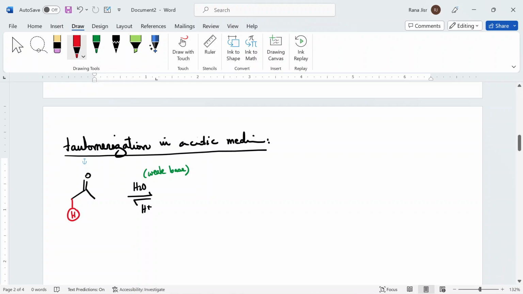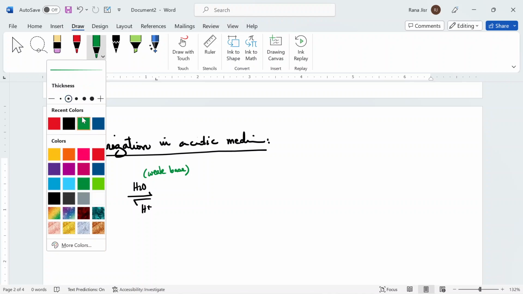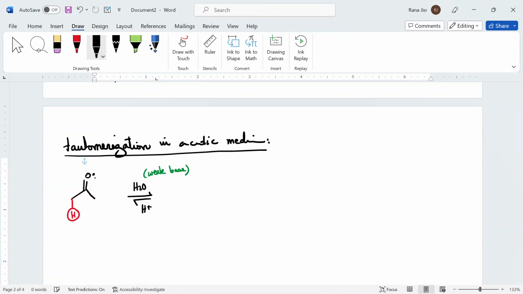Because water is a very, very weak base, it's not going to come and take that alpha hydrogen right away. The first step, as usual for the acidic conditions, we need to protonate the oxygen. The reason we want to protonate the oxygen first is that we want to introduce a positive charge on the carbon of the carbonyl.